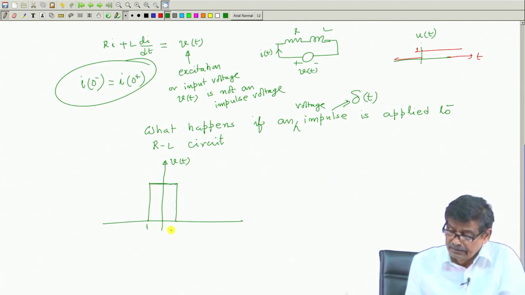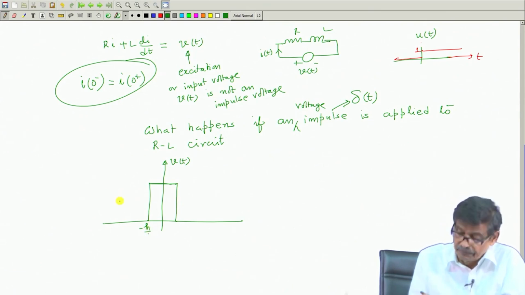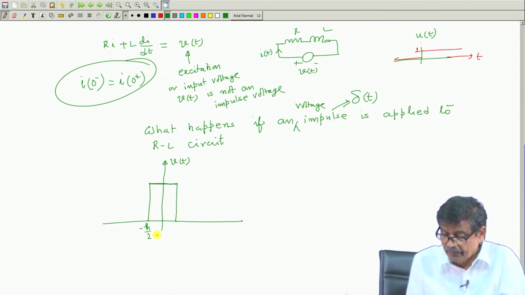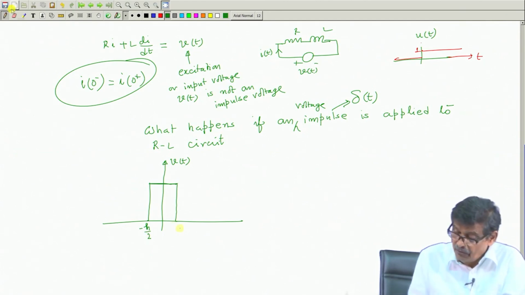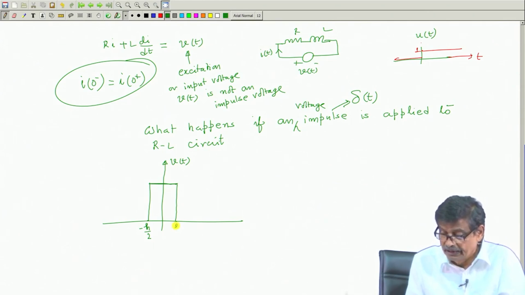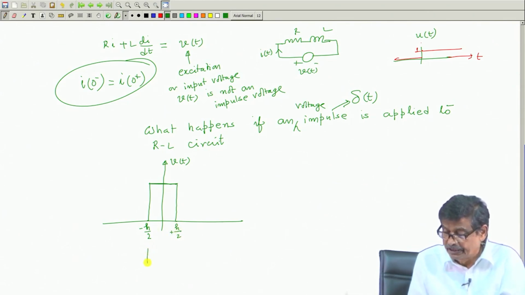Then the question is this one. Suppose I say this is minus h by 2, and this is plus h by 2. So, what is the width of the rectangle? h.